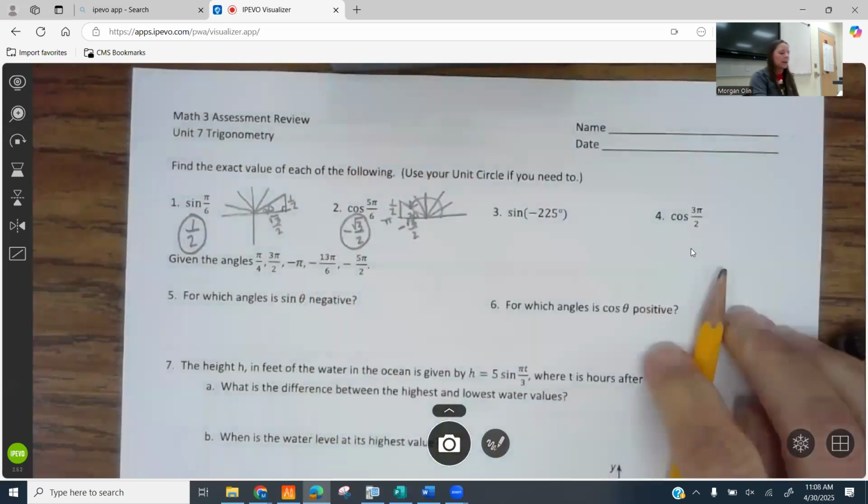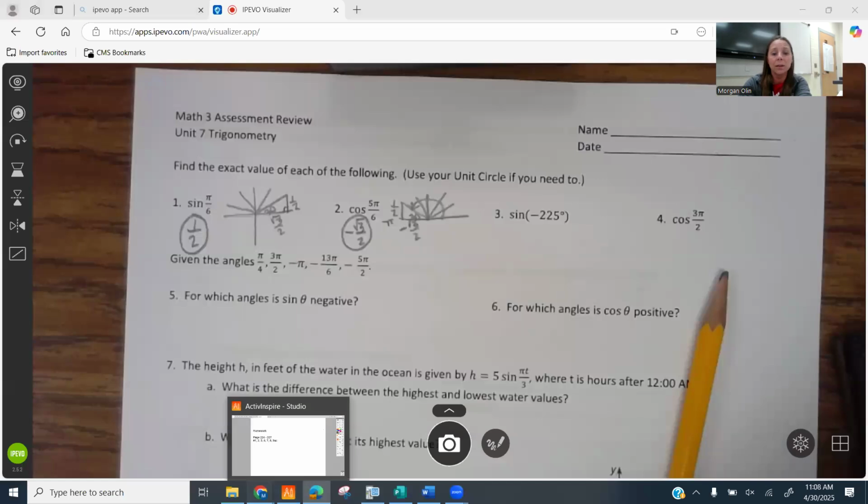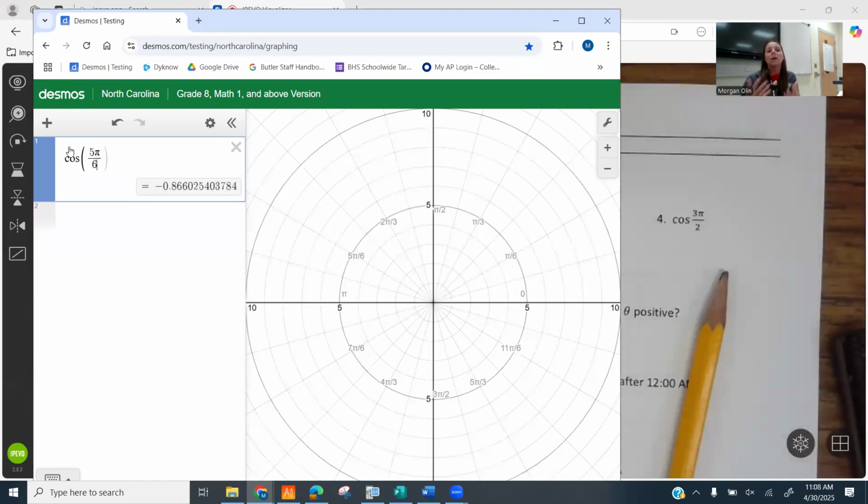Now, say you didn't know that and you just want to plug it in. And you can. However, when we plug in the cosine of, put parentheses, 5 pi over 6, we get this decimal right here. And they want it to be written in exact form.